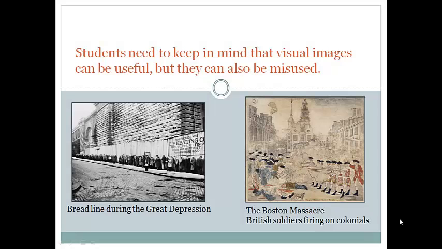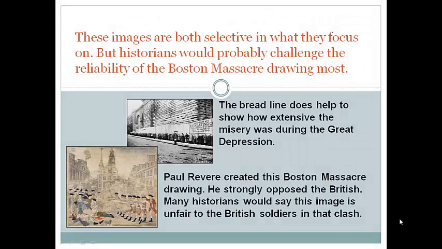Students need to keep in mind that visual images can be useful, but they can also be misused. For example, think about the way each of these visuals captures a complex reality in a single dramatic image. Both of these images are selective in what they include and what they leave out.